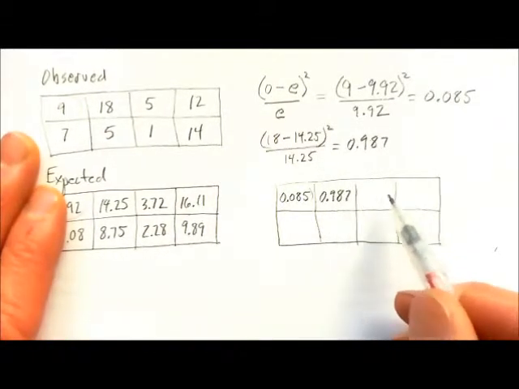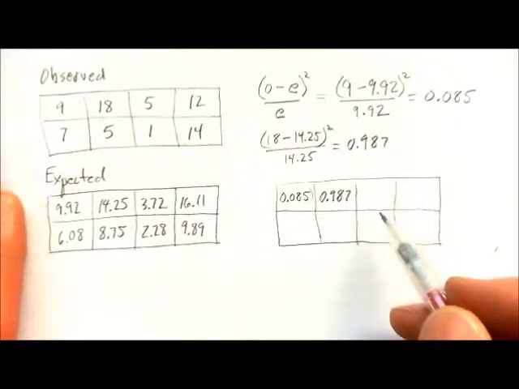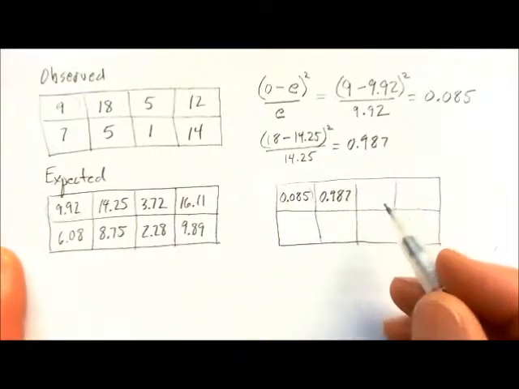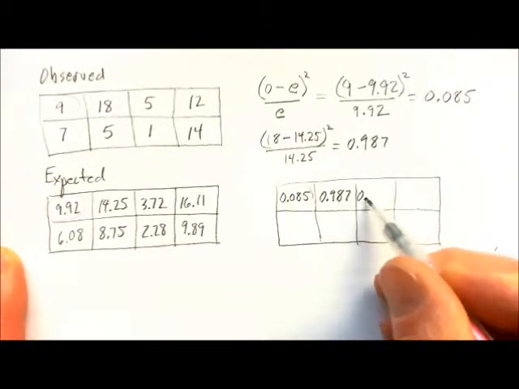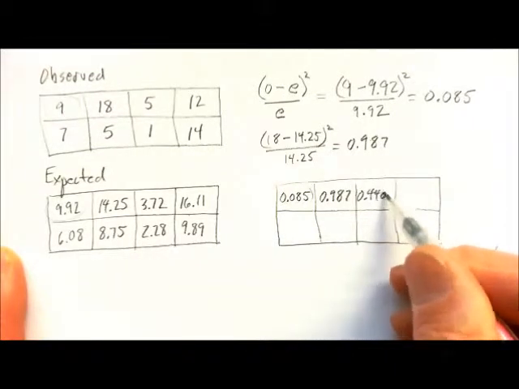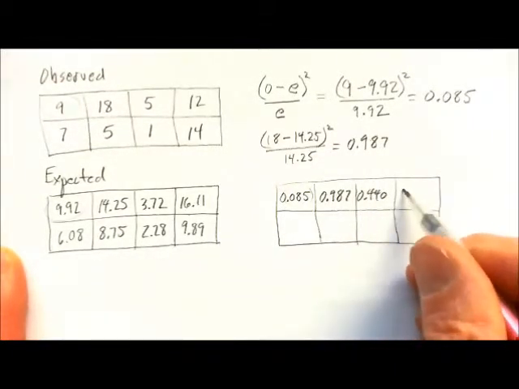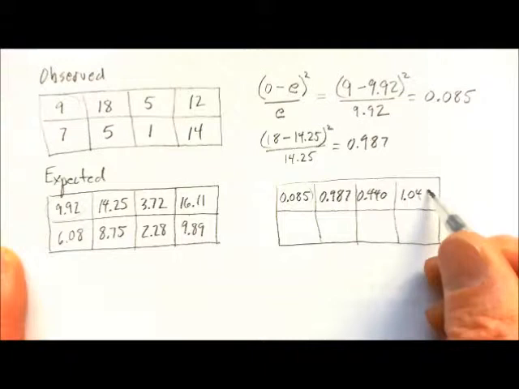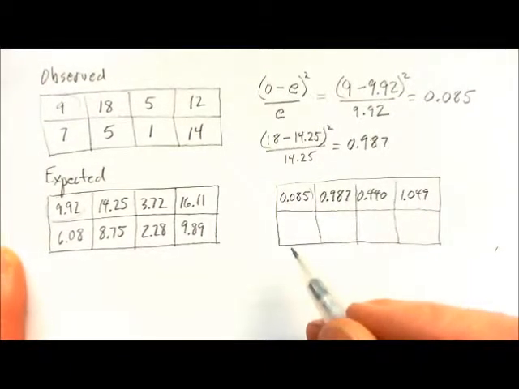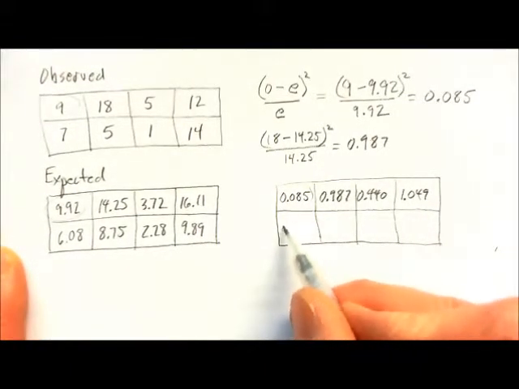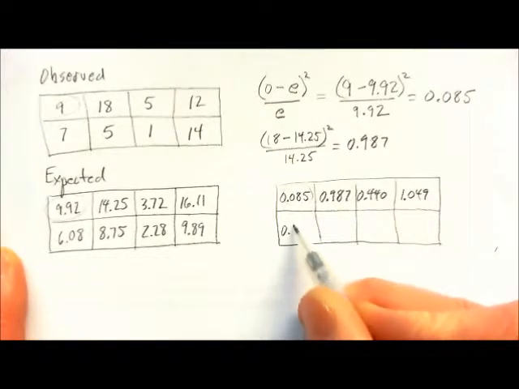Okay, so let's go ahead and fill in the rest of the table now with values, hopefully the values you obtained. So here we have 0.440 in this cell, 1.049, again rounding to 3 places past the decimal. This one will be 0.139.